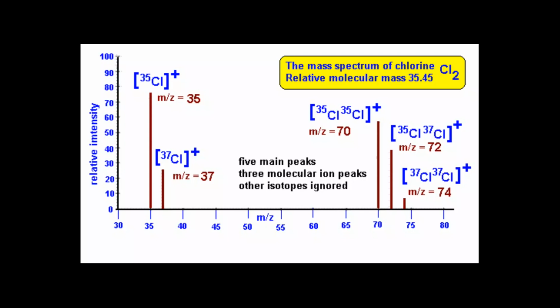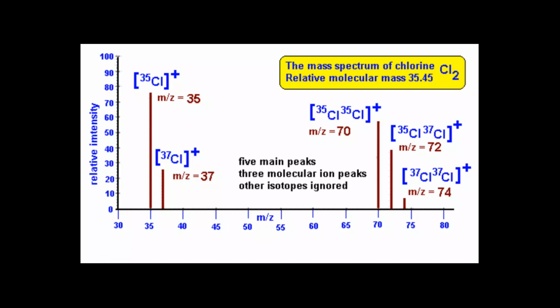And since chlorine has two isotopes, you'll find 4 peaks, 2 for the atoms, and chlorine-35 is much higher than chlorine-37. Chlorine-35 is more or less 75, and chlorine-37 is more or less 25. So that's why this peak is much higher.